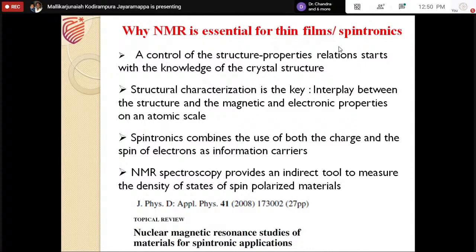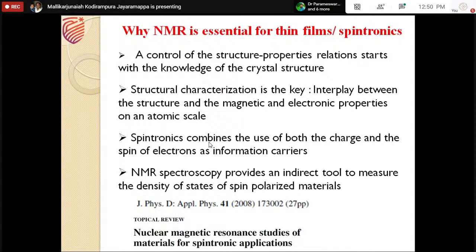It is the control of structure-property relations, which starts with the knowledge of crystal structure. This is a very general introduction; to understand anything, first we need to characterize the given material, and connect that structure with the magnetic and electronic properties of the system. Spintronics combines the use of both the charge and the spin of electrons as information carriers.